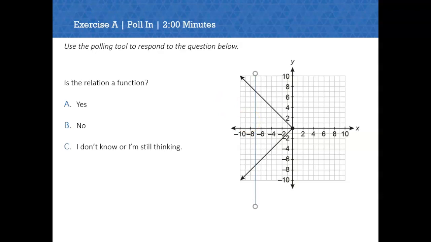It can only hit one spot at a time, because this shows us for the x, -7, we have two y values. So the x has two y's, so for every x, there's more than one y. So it is not a function.